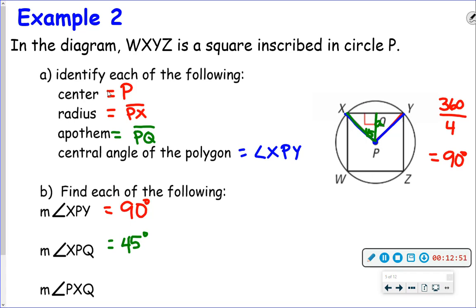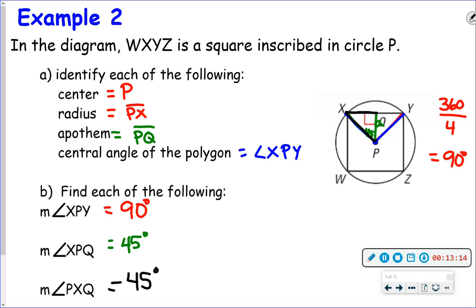I'm at the very bottom. PXQ. Don't overthink it. We have 2 out of the 3 angles in a right triangle. It's a special right triangle. 45, 45, 90. I don't even have to do the 180 deal. So just practicing our vocab, getting our central angle, that is the key.